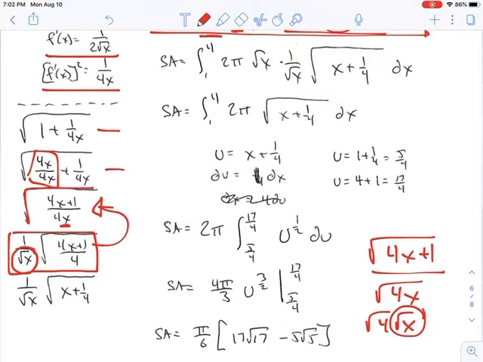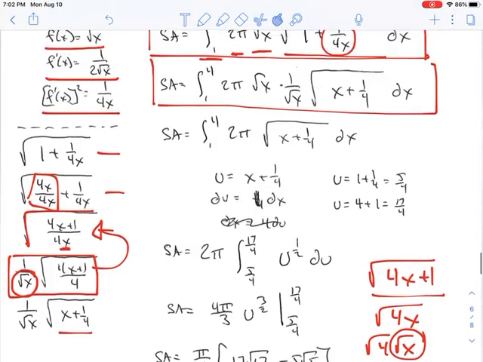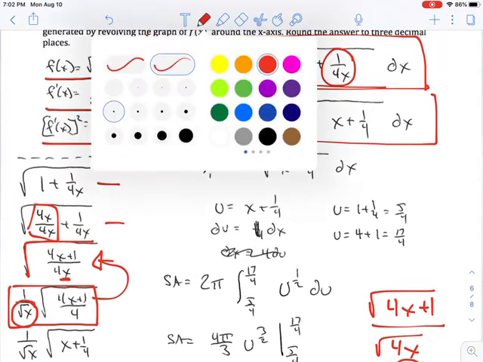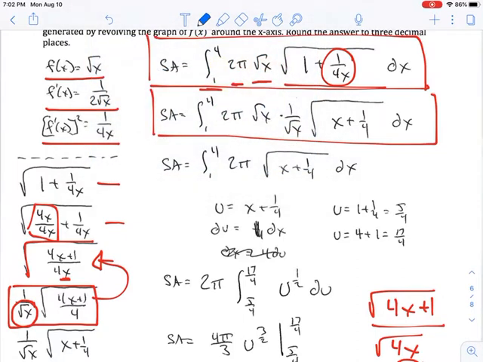So now the radicand underneath the radical sign, 4x plus 1 divided by 4, simplifies to x plus 1/4. All right, so what do we do with all of that? We put that over here. Rewrite what we had. Let's go to blue. So we rewrote it like this.